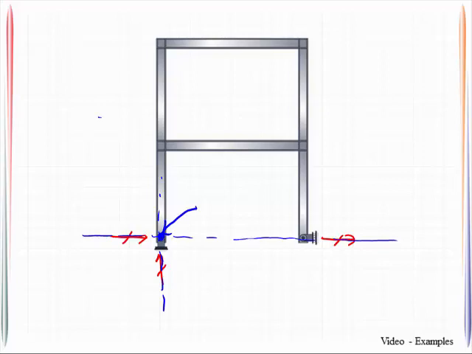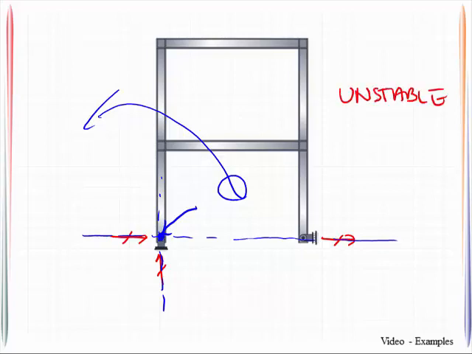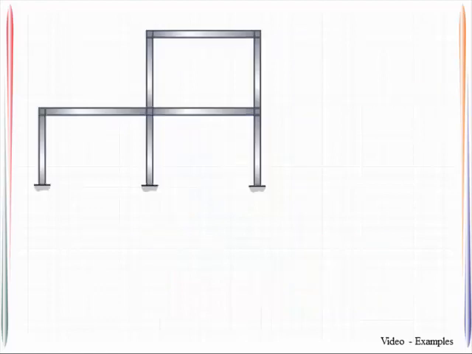That allows this entire structure to pivot about that left pin. As such, without doing any computation, we can classify that as unstable, and that is because the reactions are coincident.